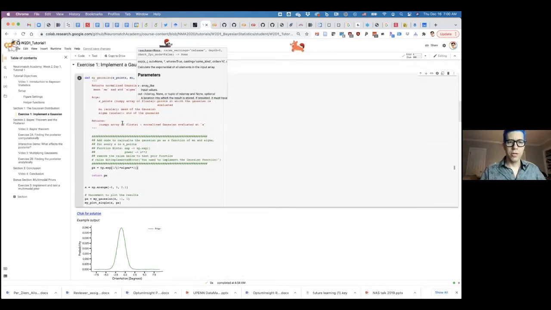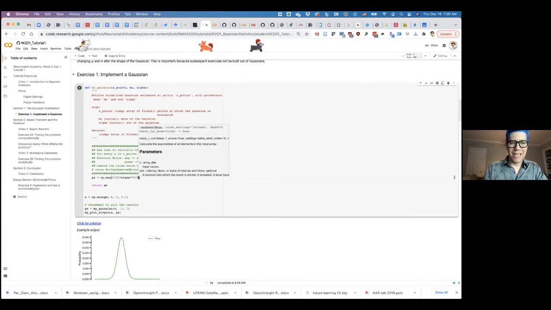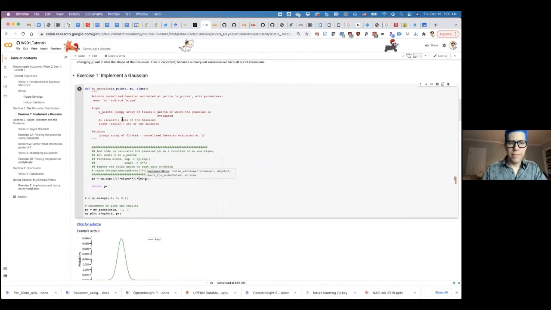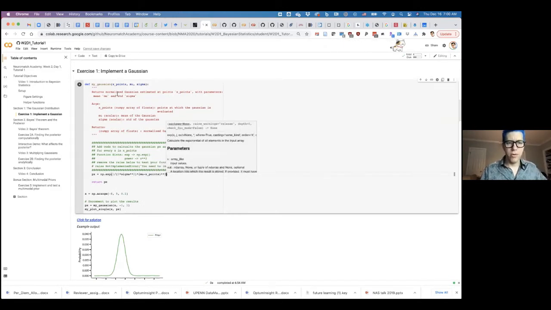Then we have times mu minus x points, x underscore points, squared, over 2 sigma squared.